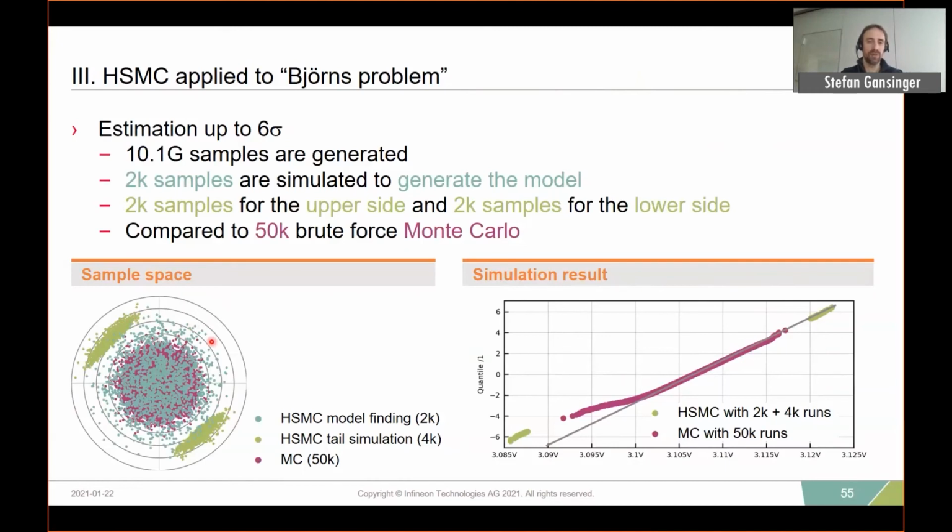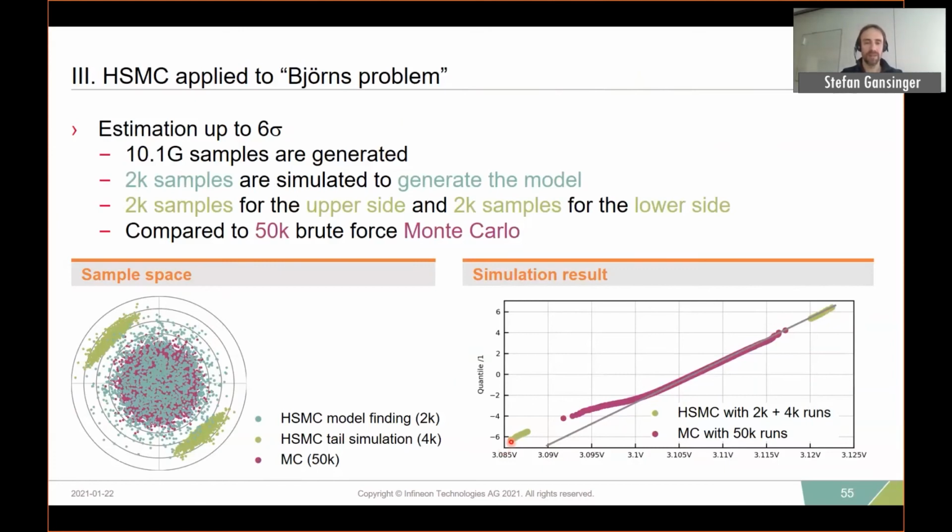And if we look at the simulation result, so we see the lower side and the upper side, this fits very well to the Monte Carlo simulation. So by this, the tails can be estimated quite nicely.